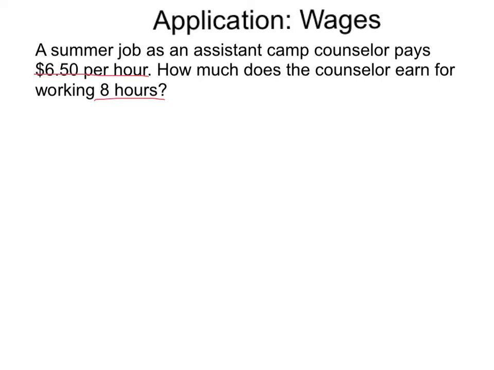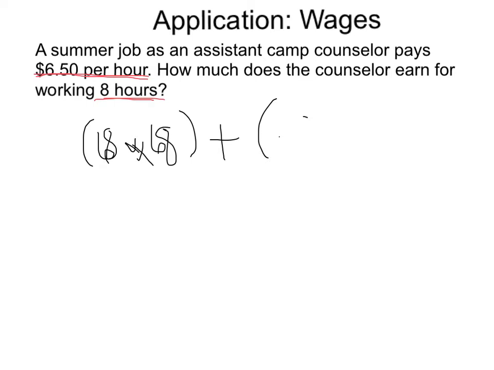Now, rather than trying to do 8 times 65 or 8 times 650, we're going to break this apart using the distributive property. The way that would look is we'll have 6 times 8 plus 0.5 times 8. All right, so we know 6 times 8 is 48 plus 0.5 times 8, or half of 8, is 4.